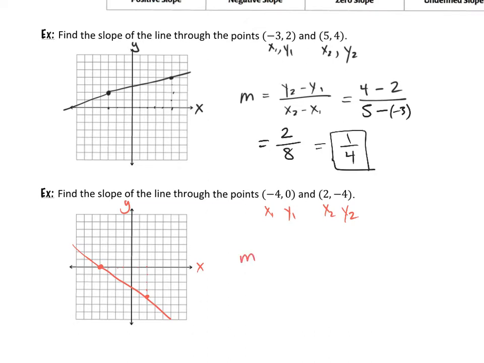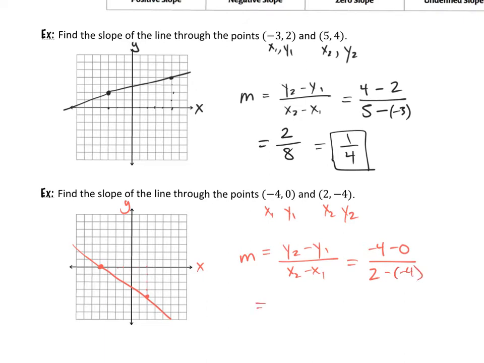And I'm just going to plug them into my equation. y2 minus y1, change in y, over change in x, is x2 minus x1. y2 is -4, y1 is 0, x2 is 2, and x1 is -4.